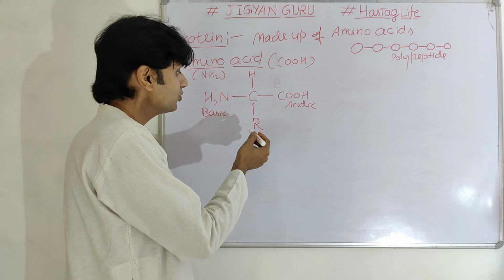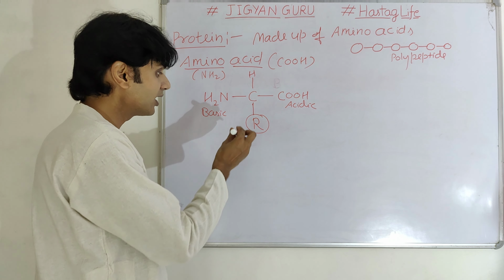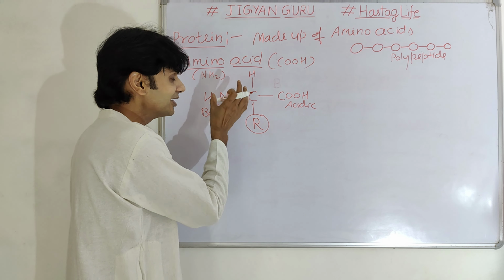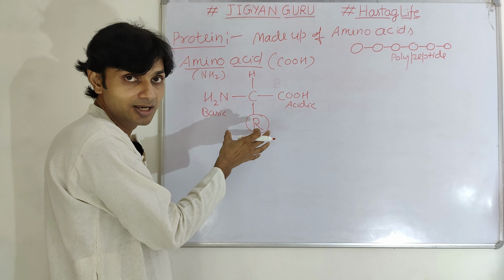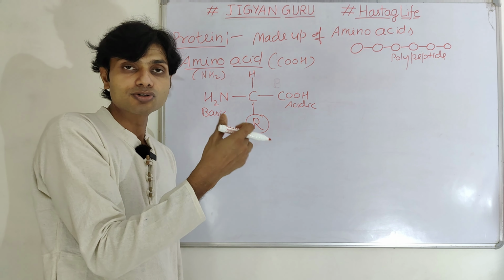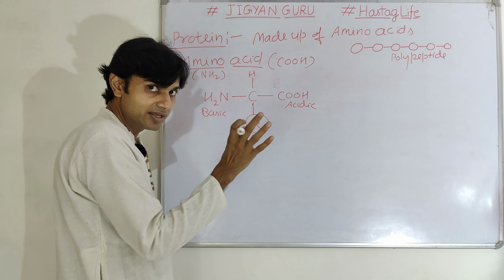The main impact arises because of this R group. This R group could be of acidic, basic or neutral nature, and according to that we can define the nature of the amino acid. Whether it is acidic, basic, alcoholic or so on is dependent mainly upon this R group.